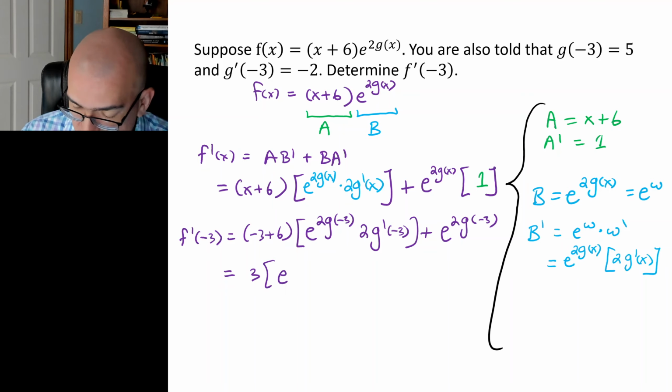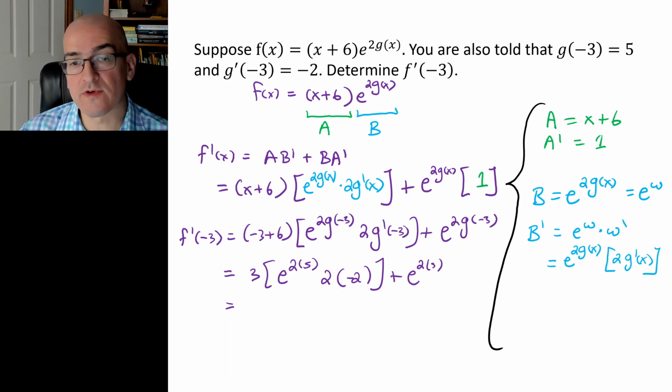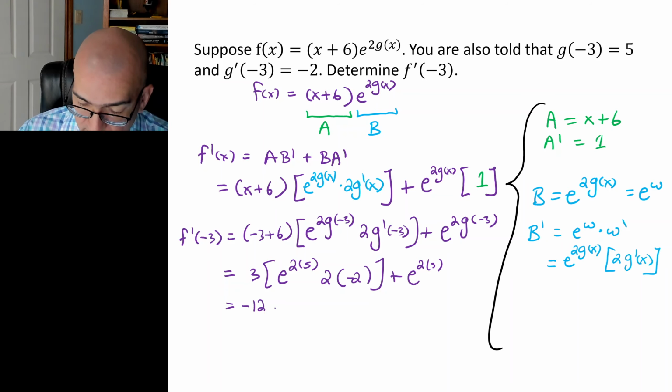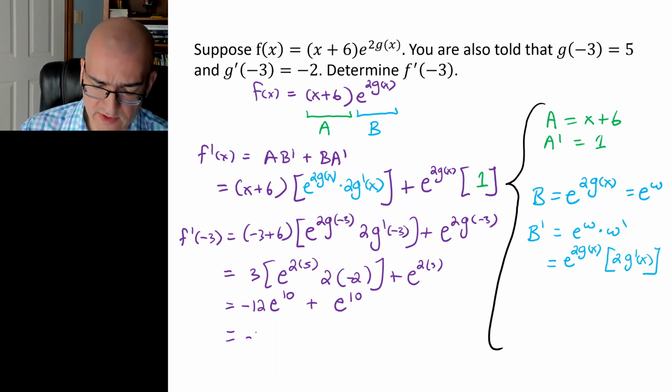And we have e to the 2 times 5 times 2 times -2 plus e to the 2 times 5, and then we can simplify. We have 3 constants in the first term that we can multiply together. 3 times 2 times -2, so -12 e to the power of 10 plus 1 times e to the power of 10, so -12 cookies plus 1 cookie is -11 cookies.